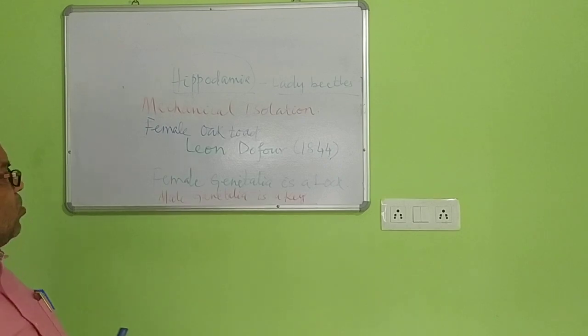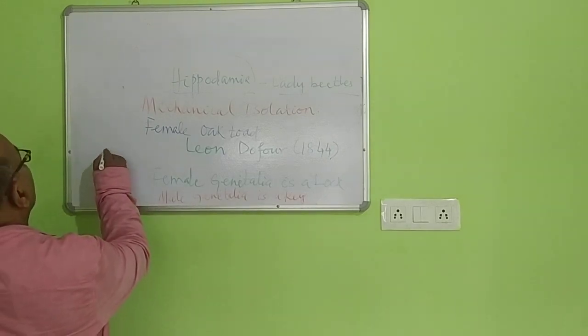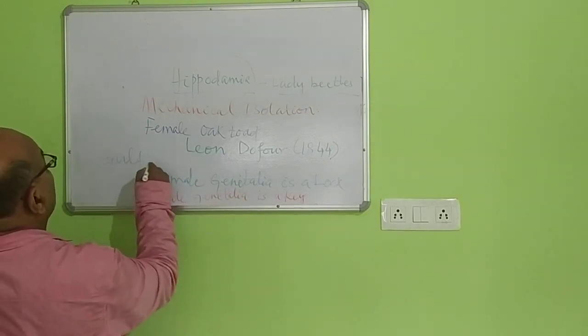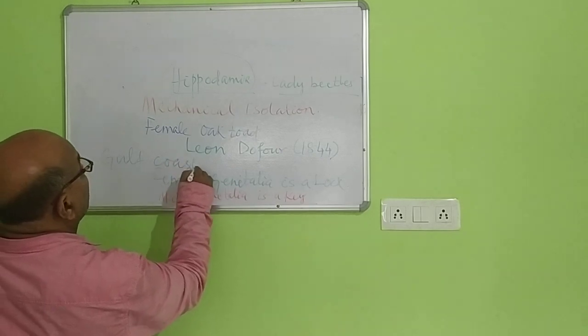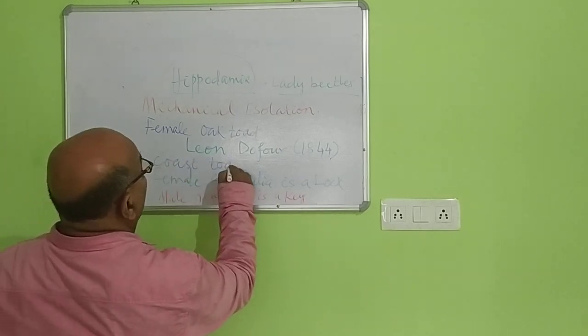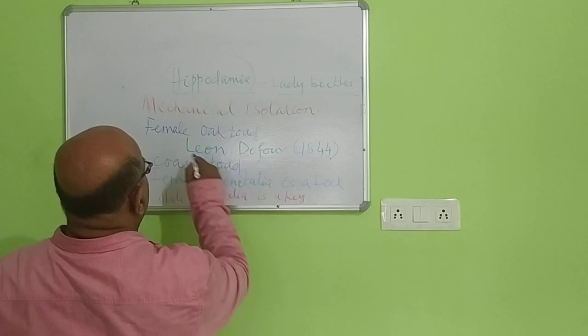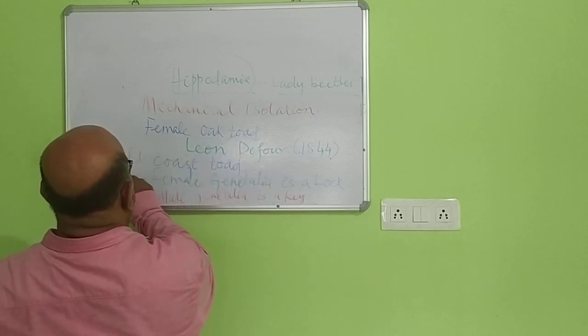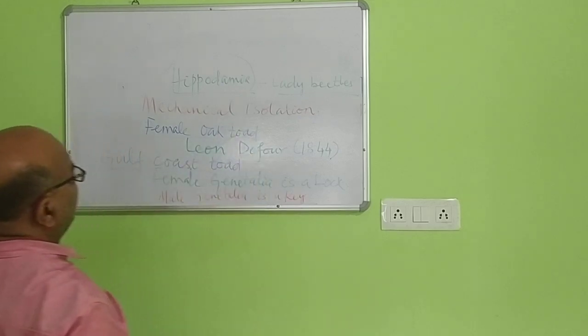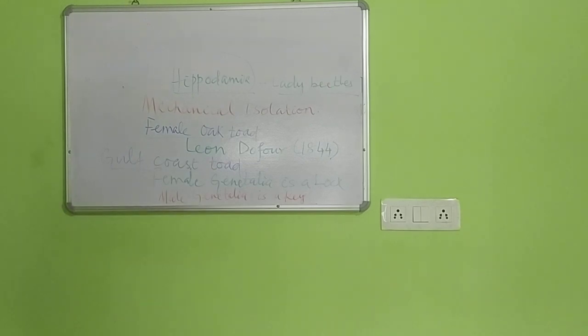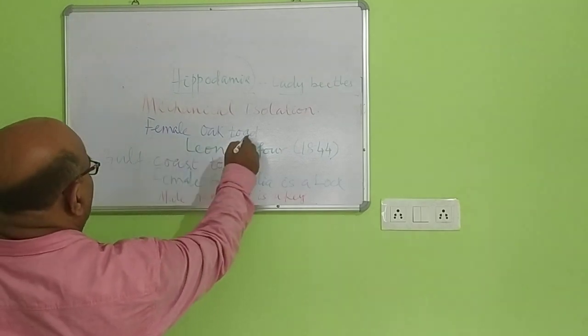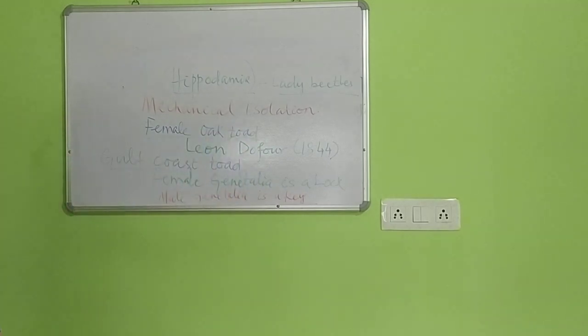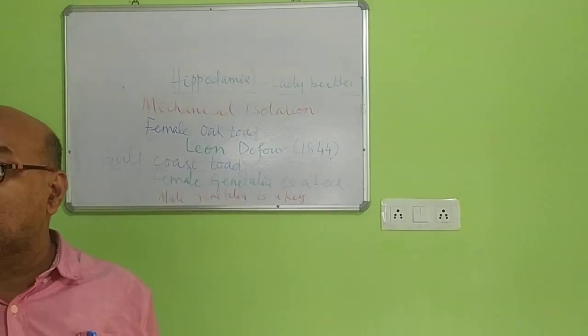You will find these three types of toads there. Specifically, these two are very interesting: one is the female oak toad, the other is the male Gulf Coast toad.